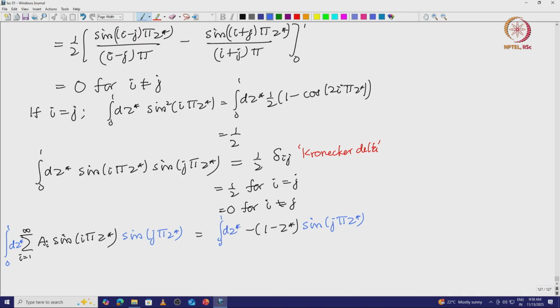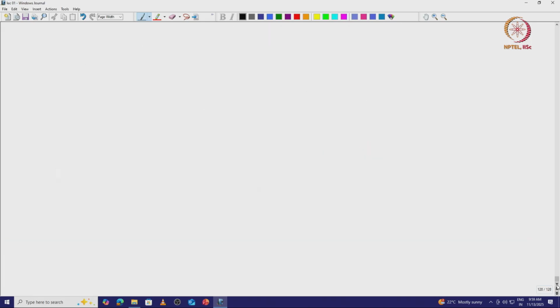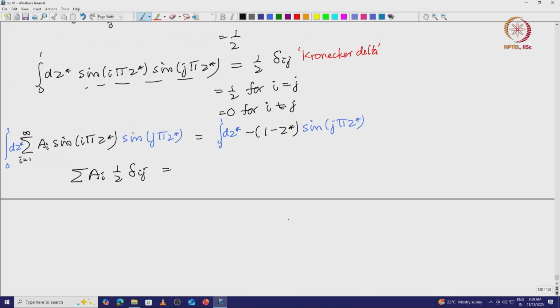Note that the right side is only a function of the index j, the left side is a summation over i as well. And using this relationship, the left hand side can be written as summation of a i into 1 by 2 delta i j. Because sine i pi z times sine j pi z integrated over dz just gives me 1 by 2 times delta i j, where delta i j is 1 if i is equal to j and equal to 0 otherwise.